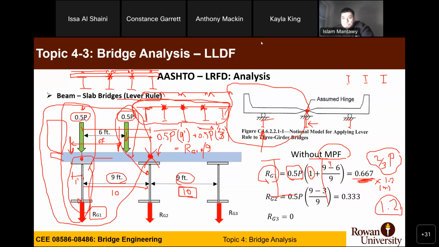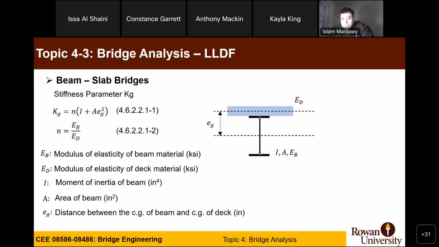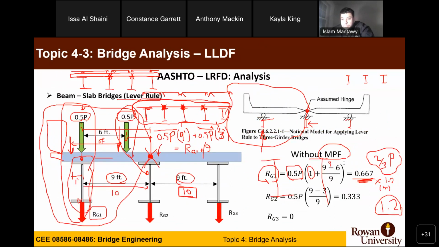Any new answers? Okay, so it looks like you guys get the first girder is not 0.7, it's 0.8.